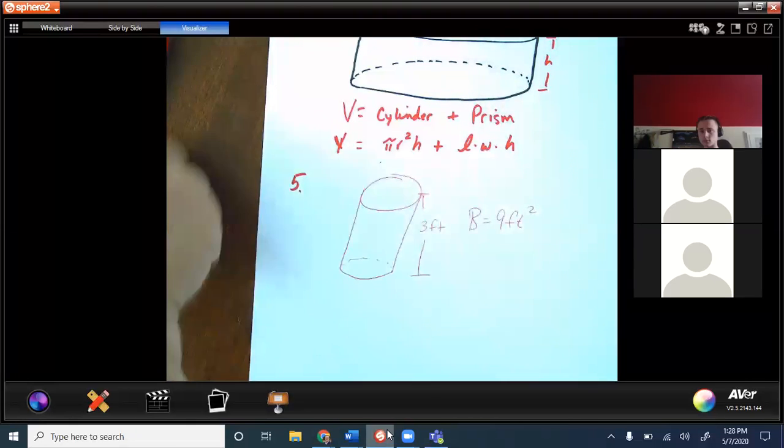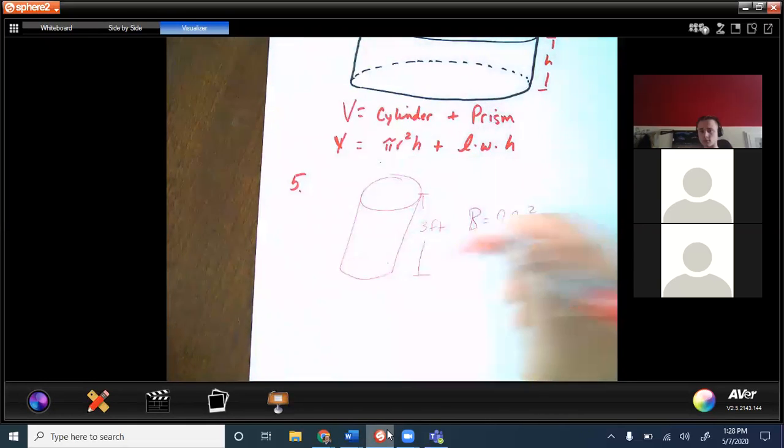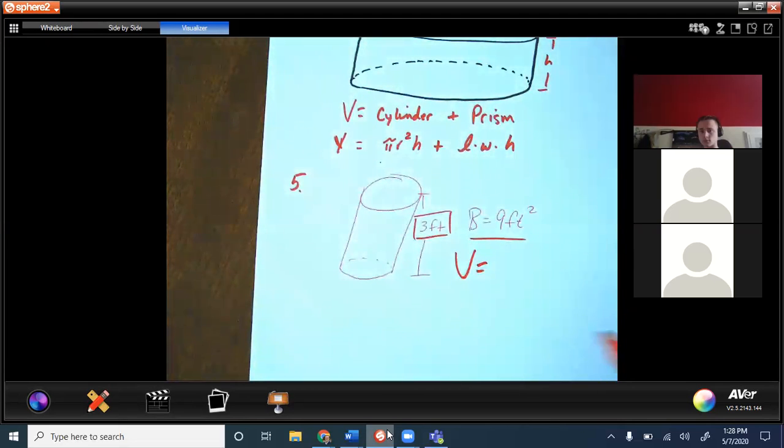Okay, good. All right, so there's a picture, and we've got the base is 9 and the height is 3. And so the volume is literally the area of the base times the height. And so the volume is 27 feet.